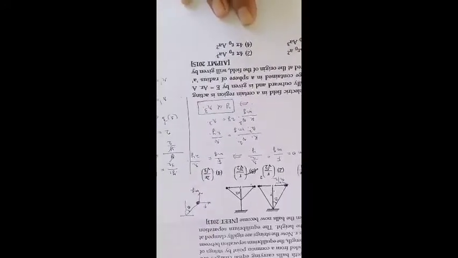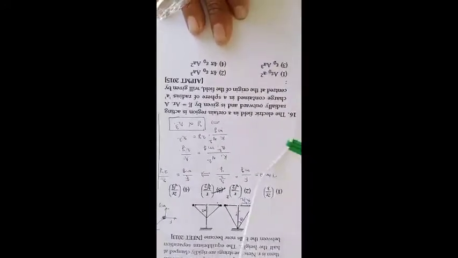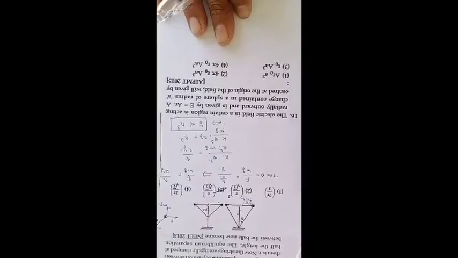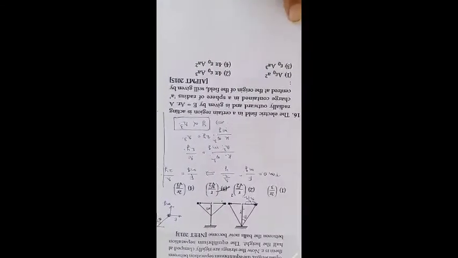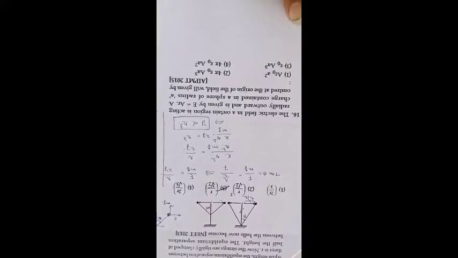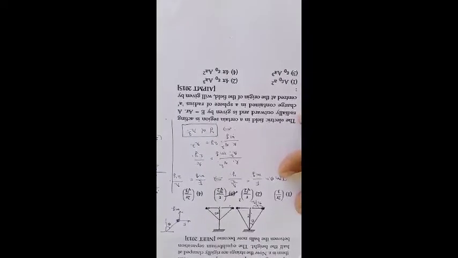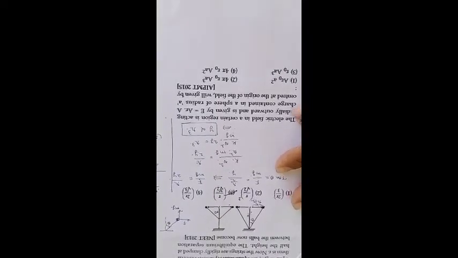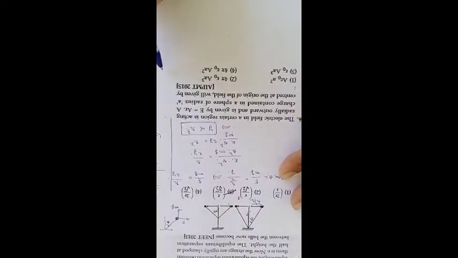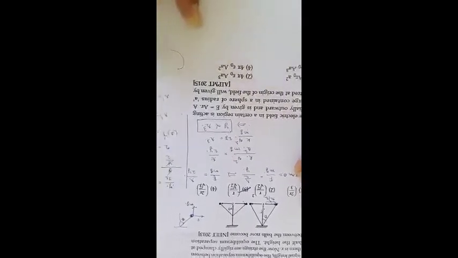Next, question number 16, you see. The electric field in a certain region is acting radially outward, is given by E is equal to Ar. A charge contained in the sphere of radius a centered at the origin of the field is given by. So there is a sphere like this.